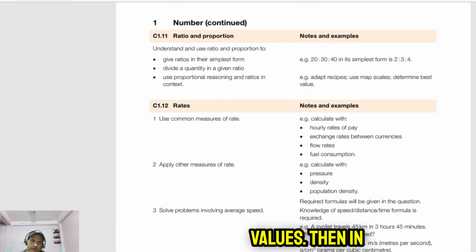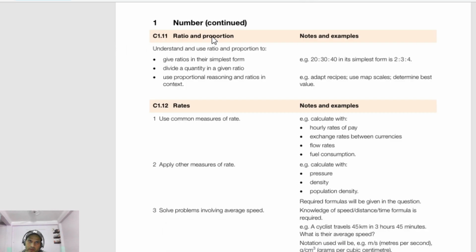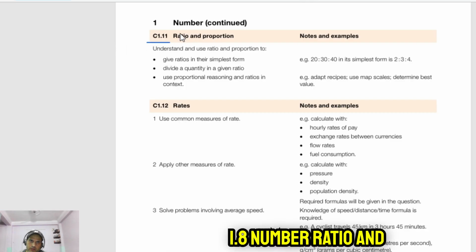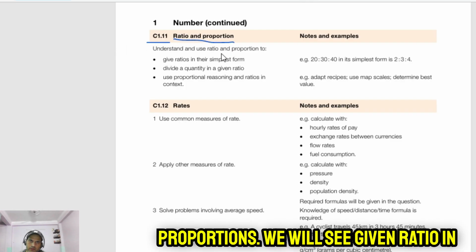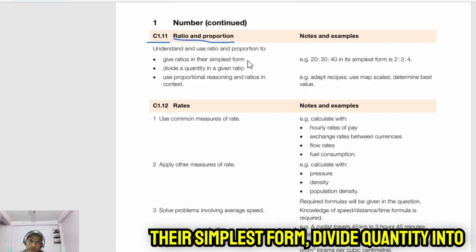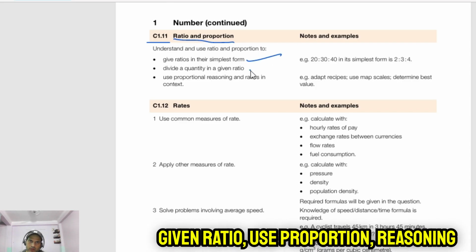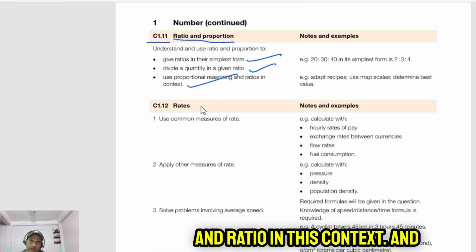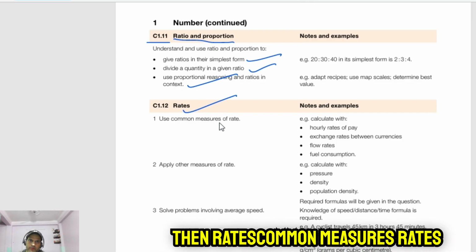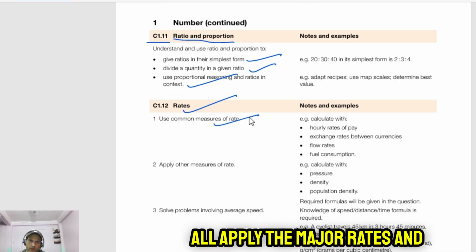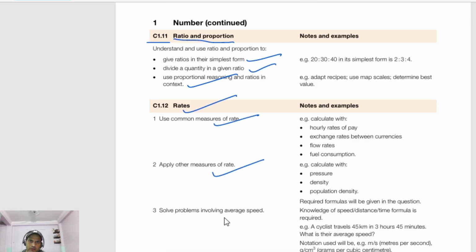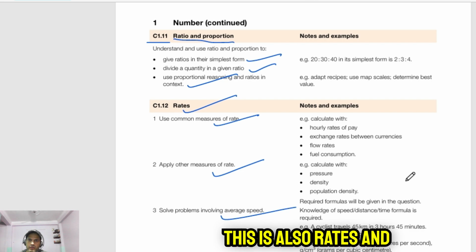Then in that number chapter, it's a big one, 1.8: number, ratio and proportion. We will see ratios given in their simplest form, dividing a quantity into a given ratio, and using proportional reasoning and ratio in context. And then rates, common measures and rates.